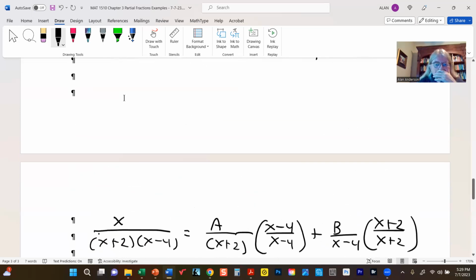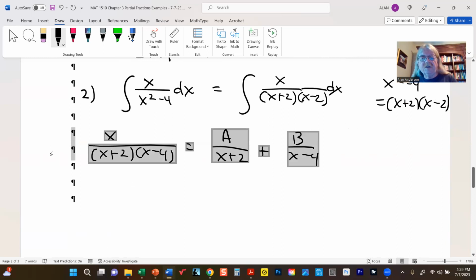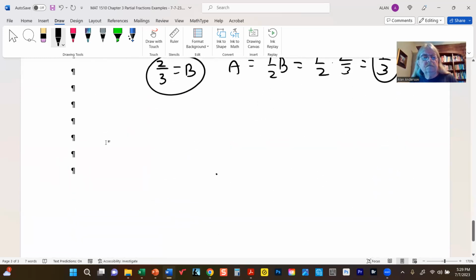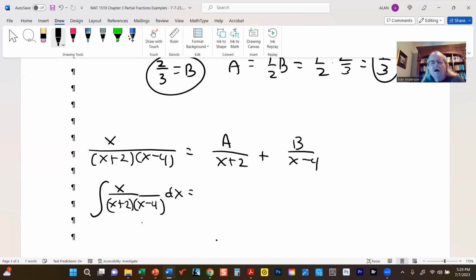So now, again, based on this expression, oh, I forgot to make the substitution. A is 1/3 and B is 2/3.